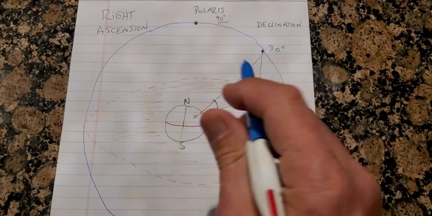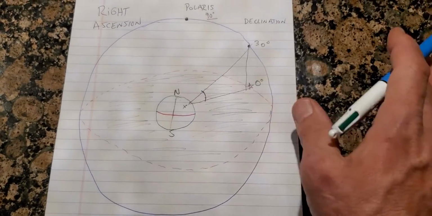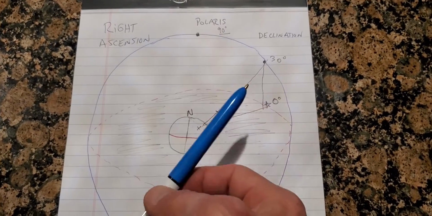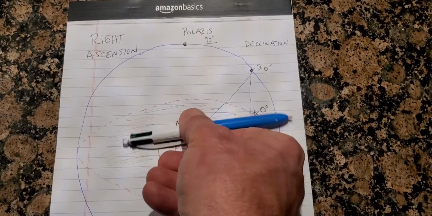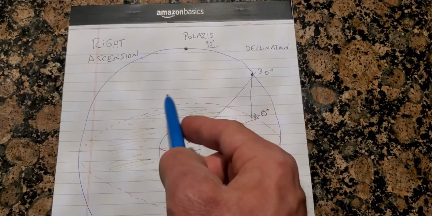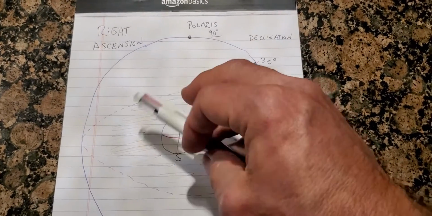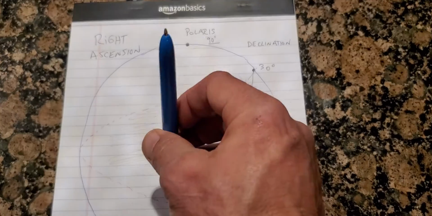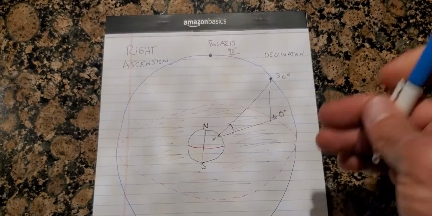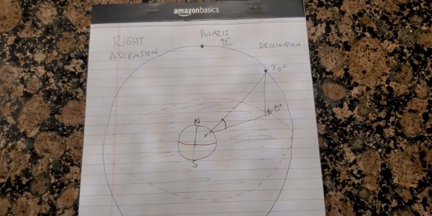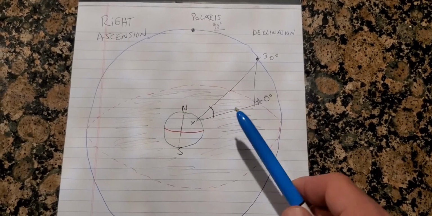And the 0 point for right ascension is a little complicated, but basically all you really need to know is the right ascension moves your telescope so you can go around this celestial equator, like this. And then your declination is going up and down on it. So that's good for now. I was going to add more to it, but I thought I might just stop it here so that you can go over this if you want.